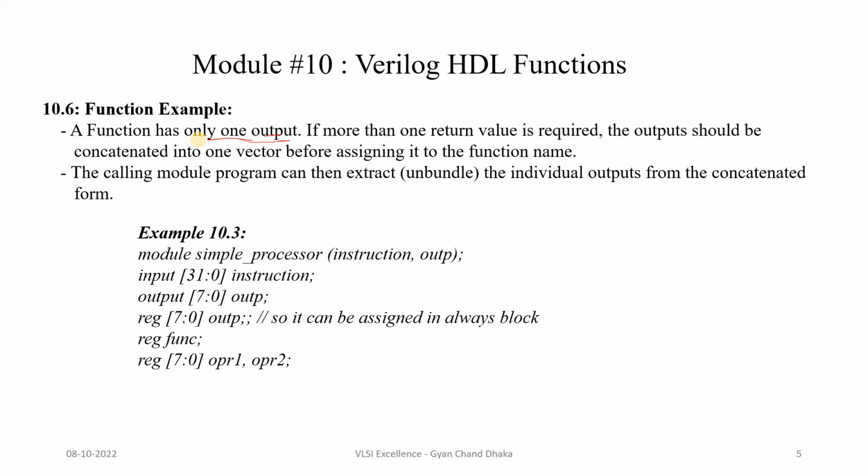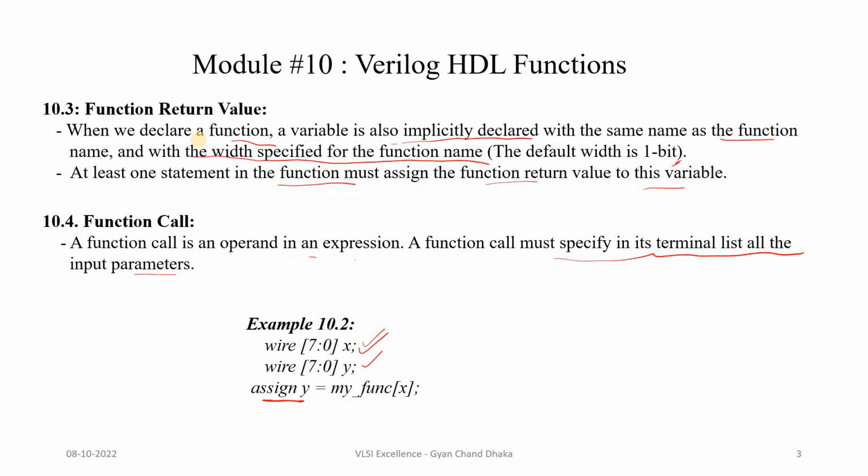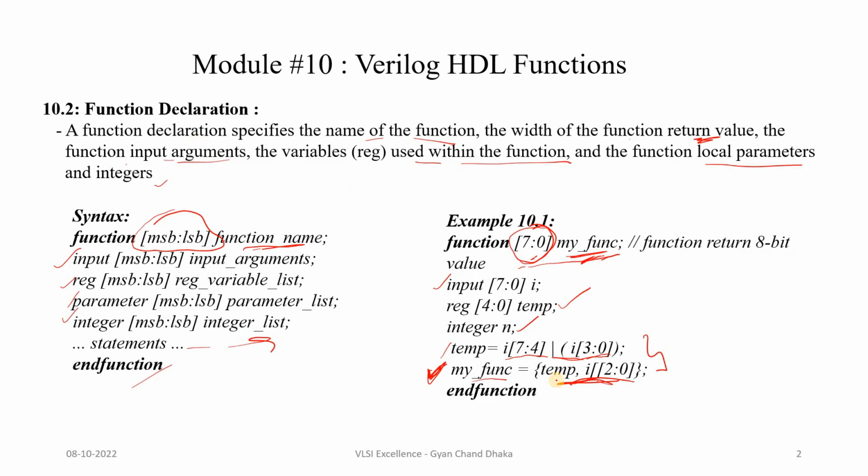If we want to return more than one value, for example here we are returning temp and I2 down to 0. Suppose we have variables x, y and g, which are 8-bit variables, and they hold some values inside the function that we have to return.